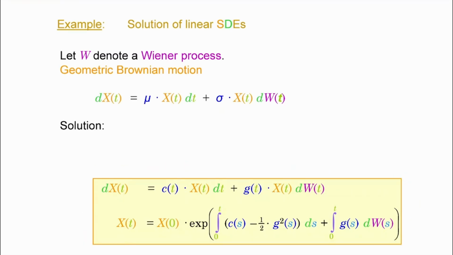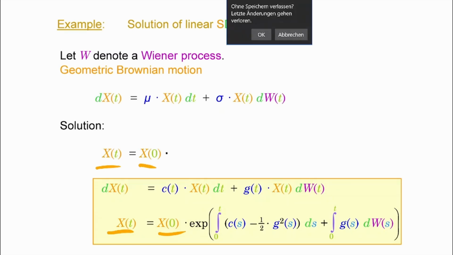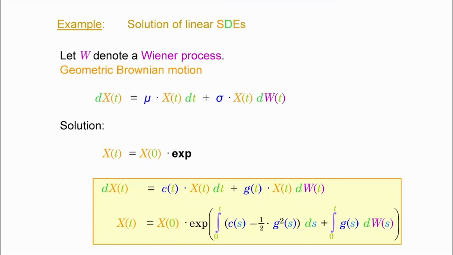So basically just applying it, x at point t is here, x at point 0 is here, and then e to the power of what? e to the power of the integral from 0 to t of, in parentheses, c minus 1/2 times g squared.